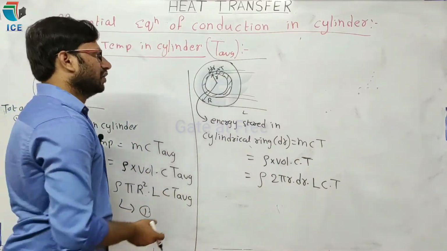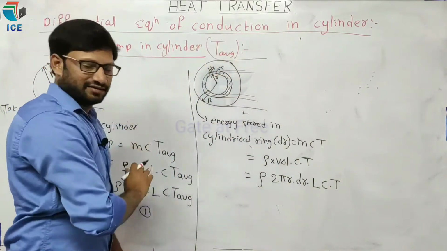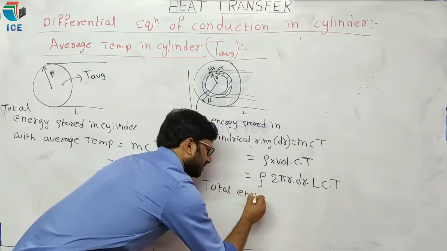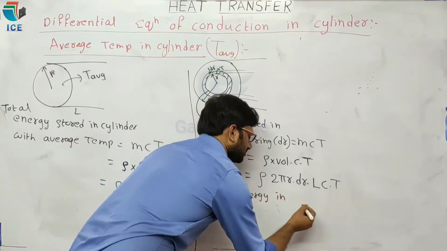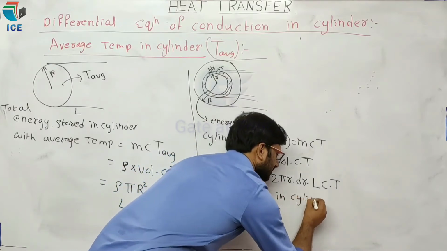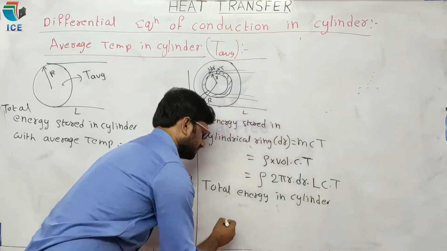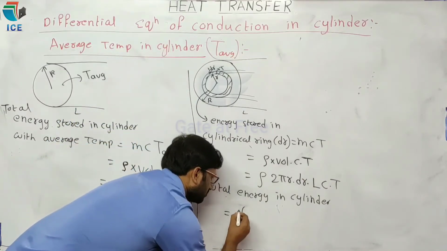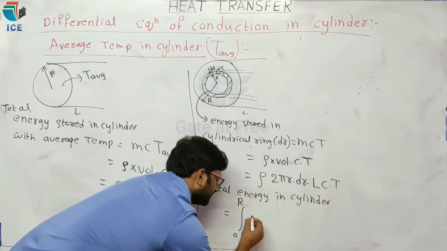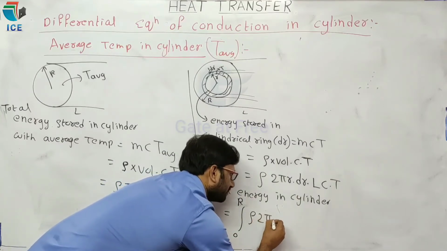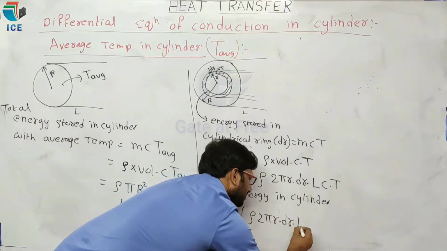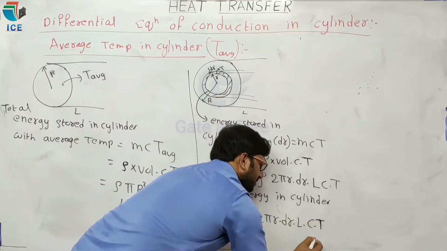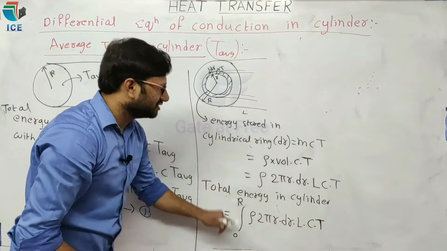Now I want the total energy stored in the cylinder. Total energy stored in cylinder is equal to integral from radius 0 to total radius R of rho 2 pi r dr length, specific heat into T. This is also the total energy stored in the cylinder.